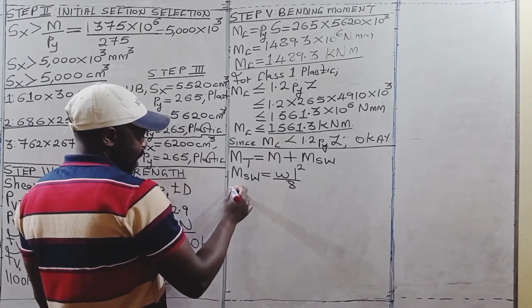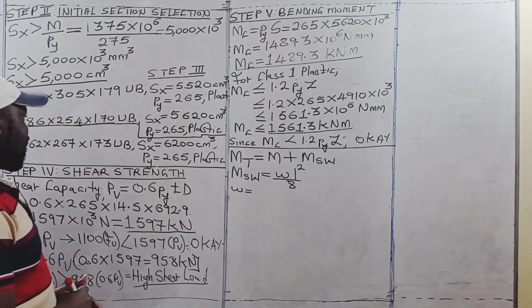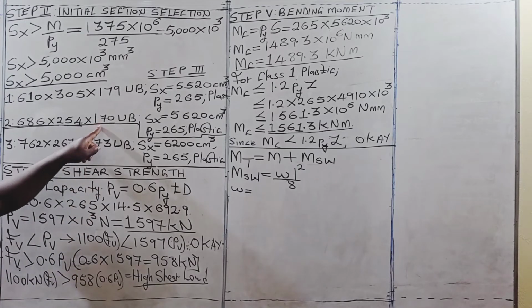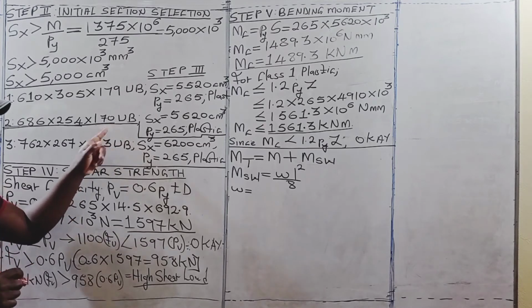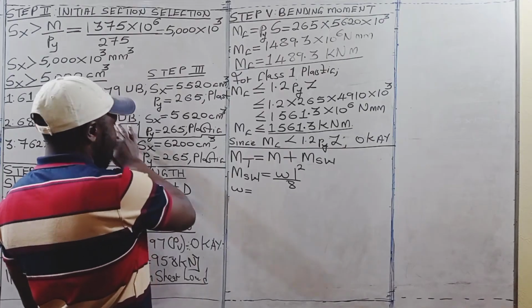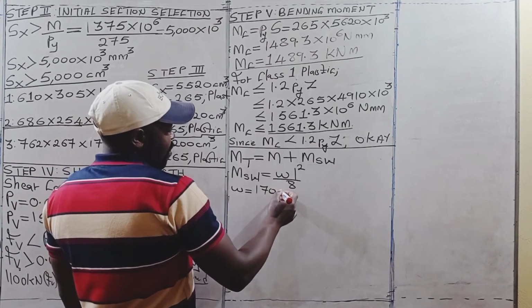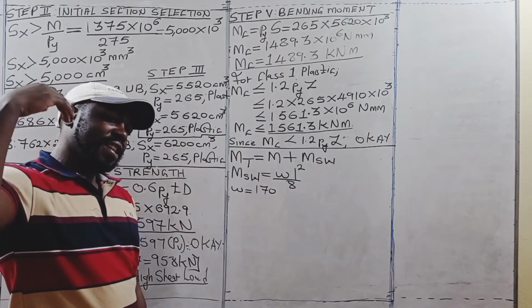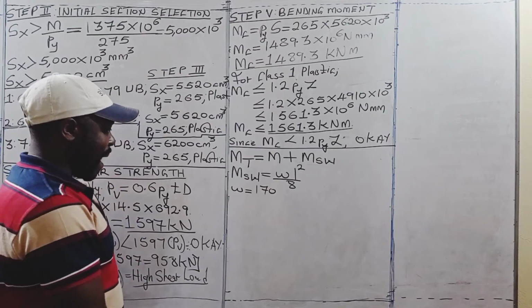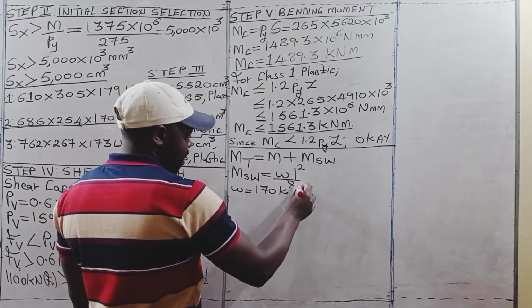And in this case, W will be given by the mass of this section, which is 170 kilograms per meter, which in other words we call mass per meter. And therefore, we need to convert 170 to newtons, in kilonewtons per meter. Therefore, 170 kilograms per meter.